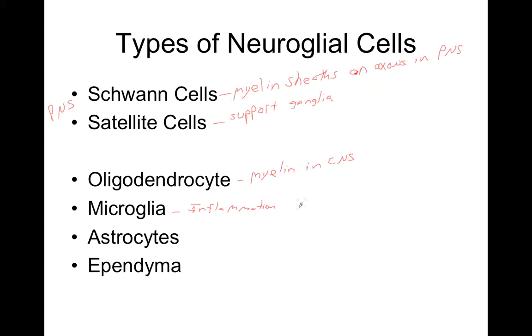And they break down cellular waste and bacteria. Astrocytes provide nourishment to the neurons in the CNS.